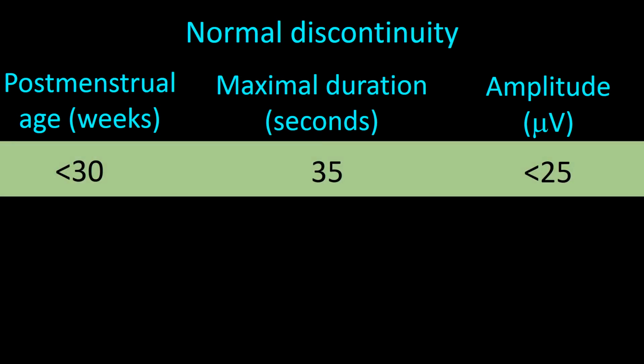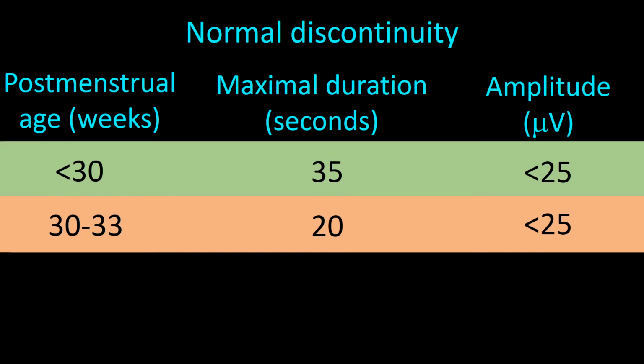Normal neonates less than 30 weeks post-menstrual age have interburst interval with a maximal duration of 35 seconds and an interburst interval amplitude of less than 25 microvolts. Normal neonates from 30 to 33 weeks have interburst intervals with a maximal duration of 20 seconds and an amplitude of less than 25 microvolts.